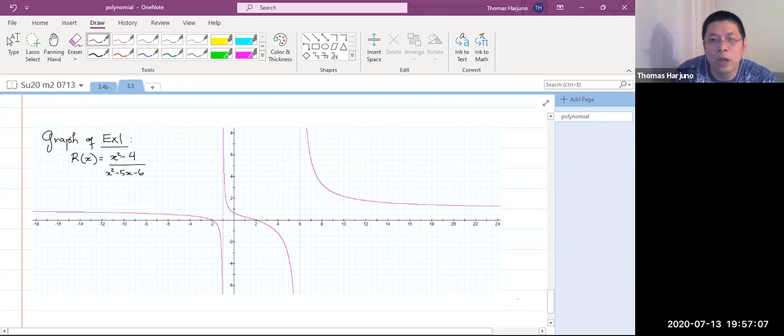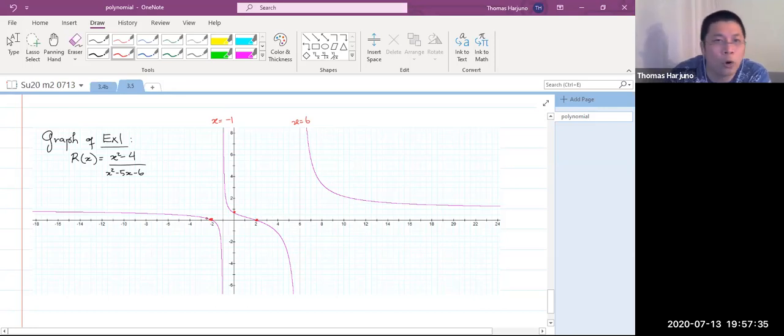Actually, we can confirm a couple of things. The very first one that we can confirm is the vertical asymptotes. You see that x equals -1 and x equals 6, those are the vertical asymptotes. On top of that, you can also confirm that the y-intercept is (0, 2/3), and the x-intercepts are (2, 0) and (-2, 0). There's no hole here.